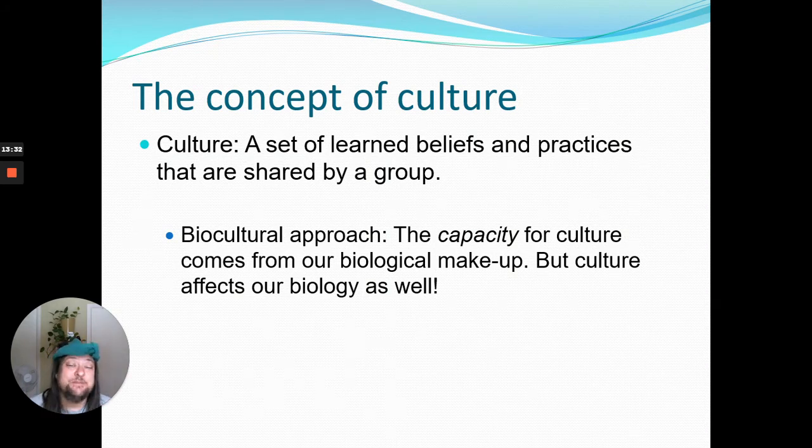And under here I put biocultural because of the approach that we take, that holistic approach in anthropology. It's always important to remember that culture is not separate from biology. The capacity for culture comes from our biological makeup. We'll see that in more detail when we talk about evolution in the weeks to come.